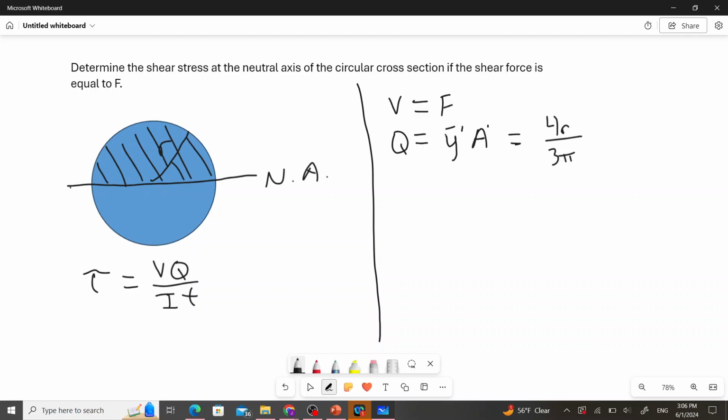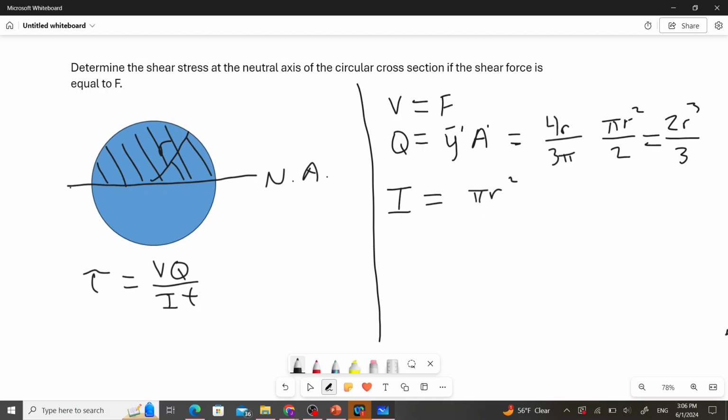And then the area of half of a circle is simply pi r squared divided by 2. And that's all going to simplify to 2r cubed divided by 3. We won't derive that here, but that is something you can look up or derive yourself.